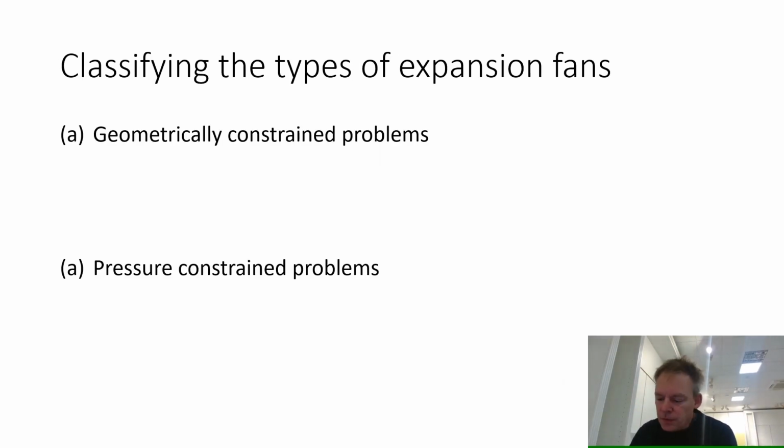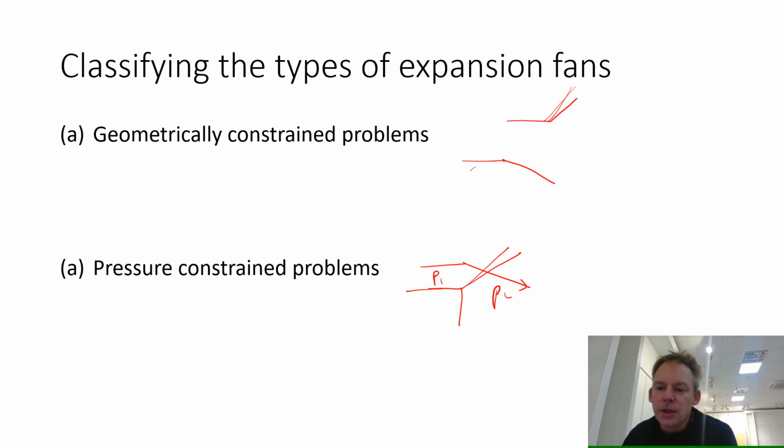As we've discussed before, I'll just flag what we're going to be looking at. Before, we looked at flows where the flow was compressed, and here we're going to look at flows that turn corners. Like before, you're going to have two types of problems, where the flow is turning as a consequence of a pressure ratio, P2 over P1, or turning as a consequence of the geometry.